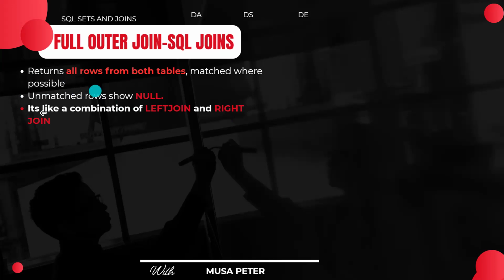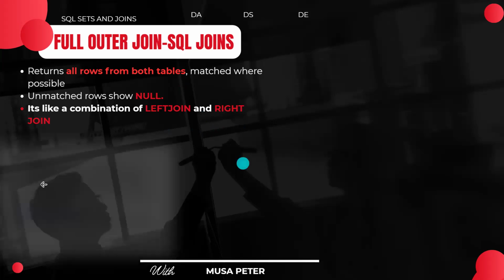A full outer join is usually a combination of a left join and a right join, because a left join would output all the values from the left table, and a right join would output all the values from the right table. So a full outer join would output all the rows from both tables.